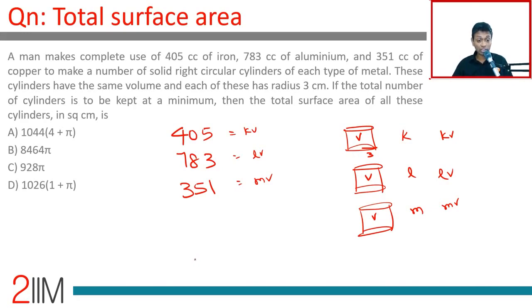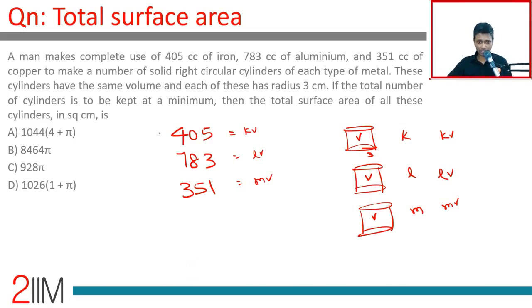If the total number of cylinders is to be kept at a minimum, then V should be as high as possible. What does that mean? V should be a common factor of these numbers, the largest possible such common factor. Or V is the HCF of 405, 783, and 351.